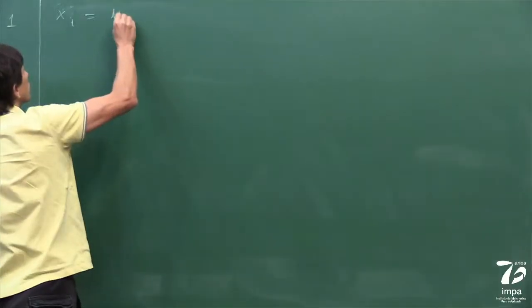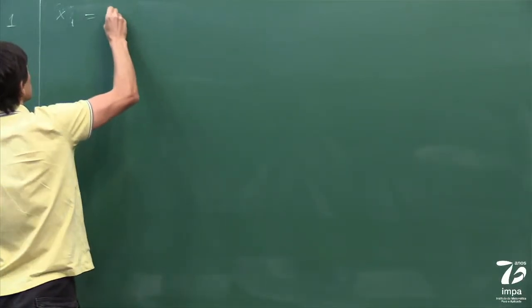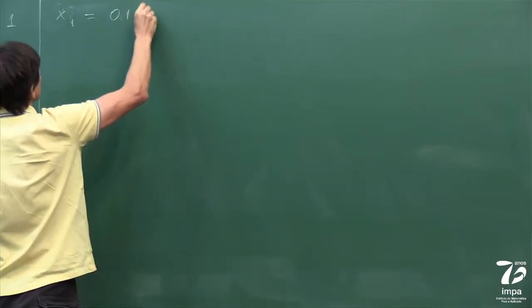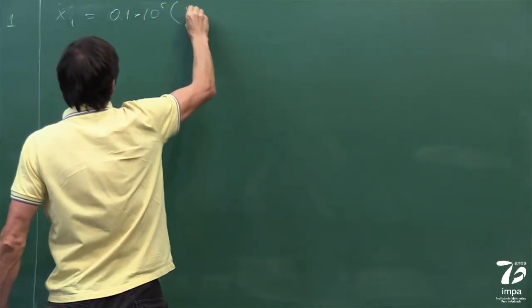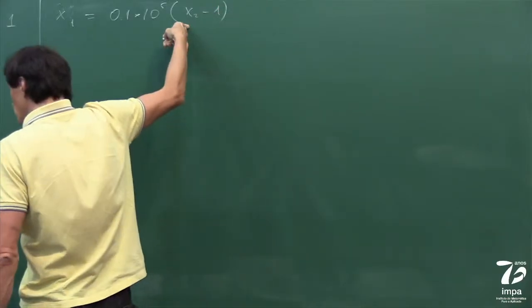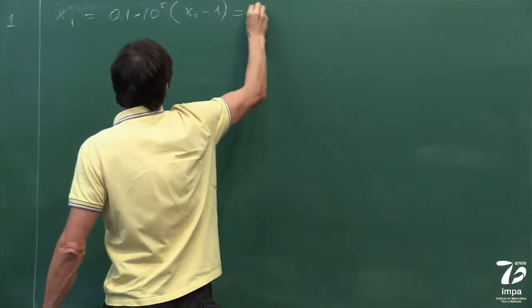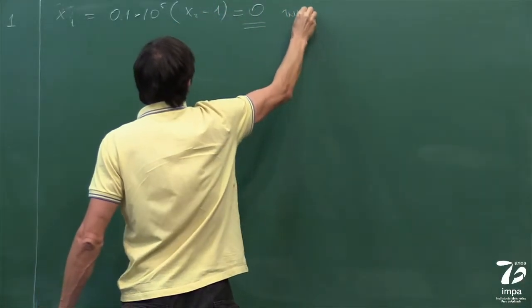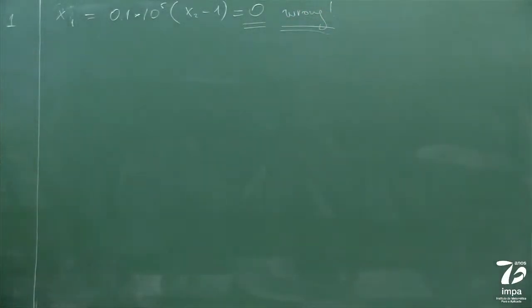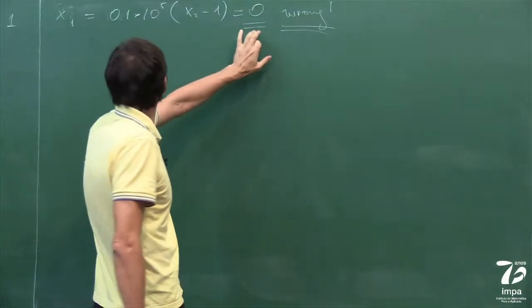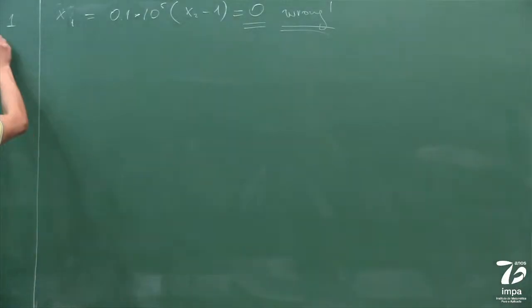So it's 10 power 4, which is 0.1, 10 power 5, x2 minus 1. But x2 is 1, so it's 0. So it's wrong. We're missing just one digit. We kept 4 digits and we got a completely wrong result. Instead of 1, we got 0, because it must be 1.